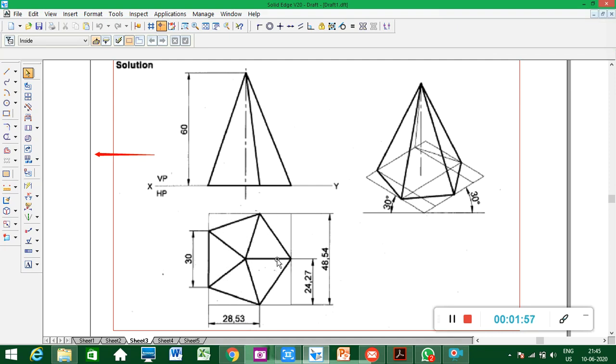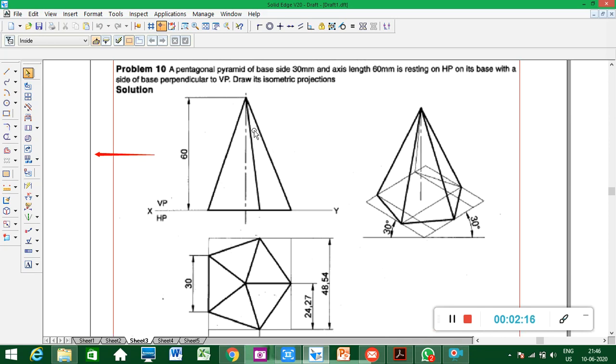Even if you draw only the top pentagon and show these dimensions, that is enough. The front view is not required. Only for height is the front view needed, but you can understand the height easily, it is 60. So that much is enough.